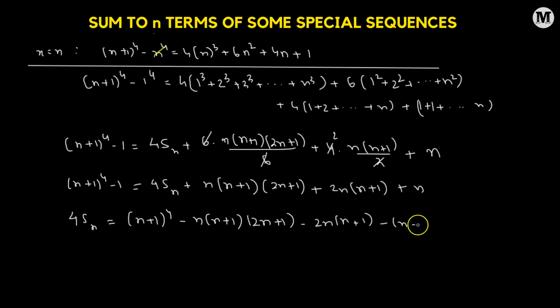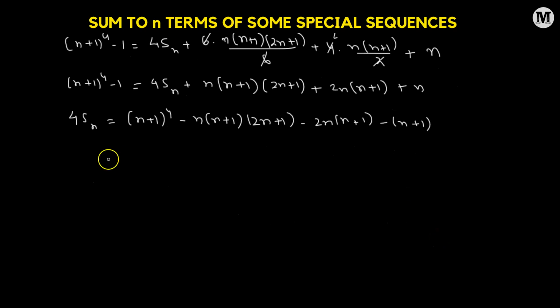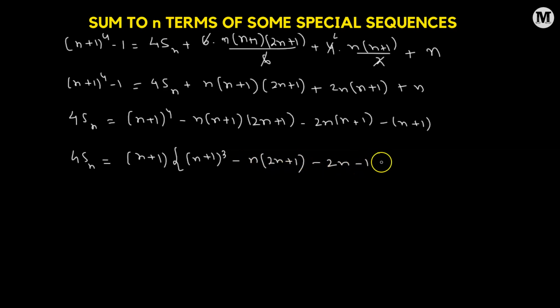minus (n plus 1). Okay, now we have 4 times Sn equals (n plus 1). We're taking it as the common factor from all the 4 terms. So that leaves us with (n plus 1) whole cubed minus n times (2n plus 1) minus 2n minus 1.